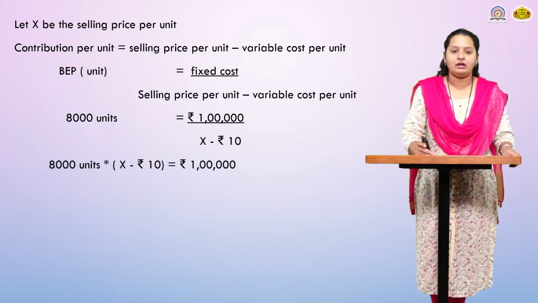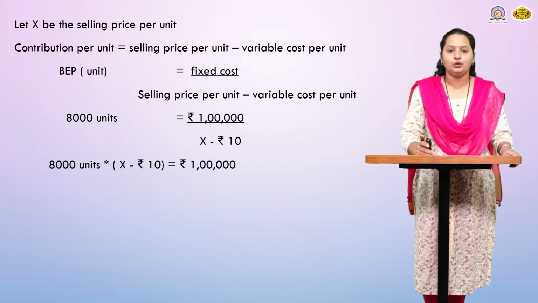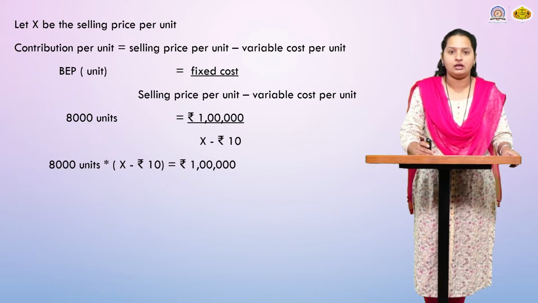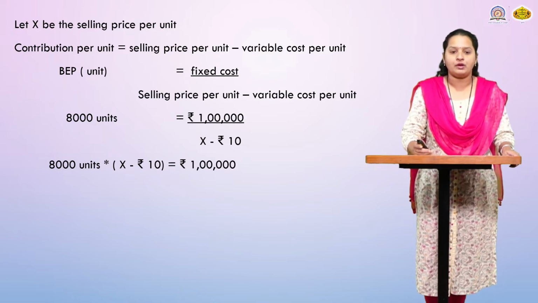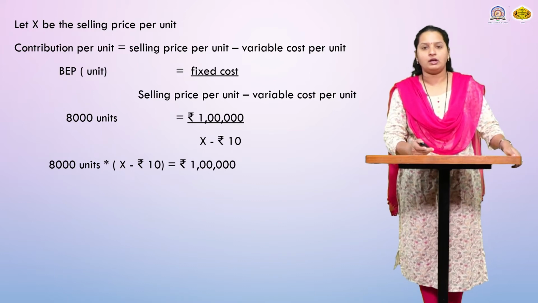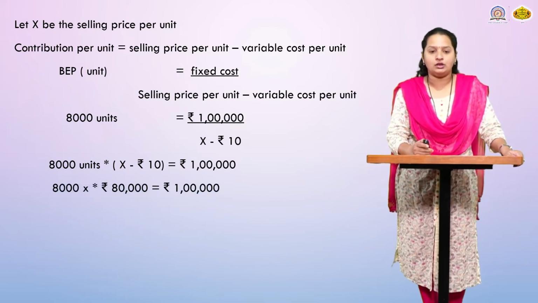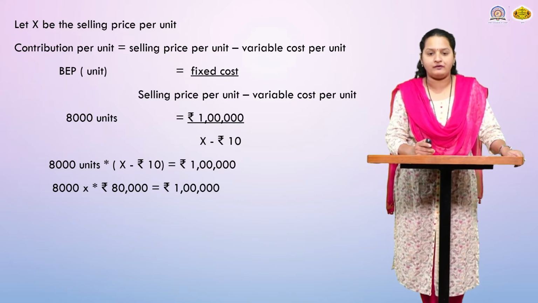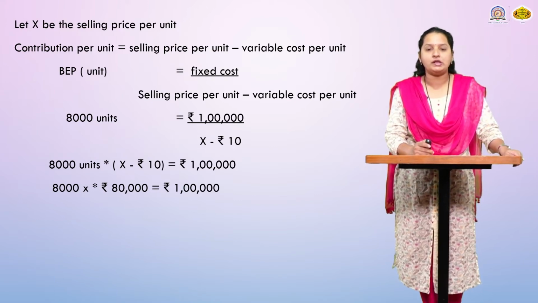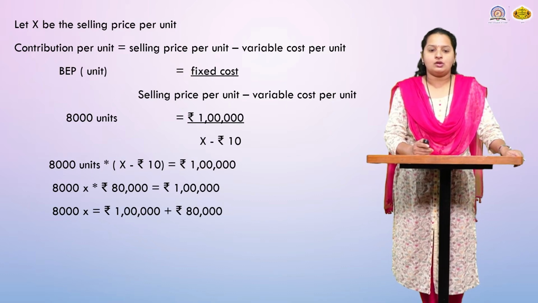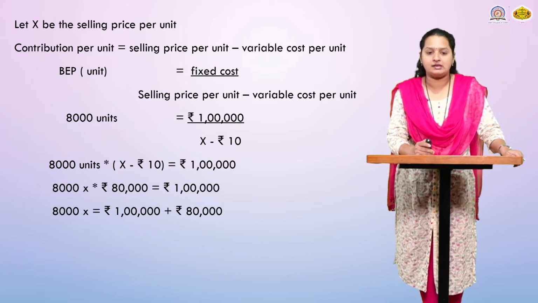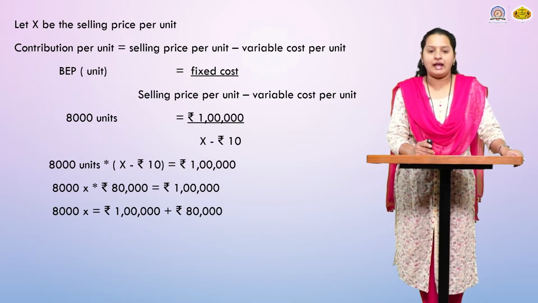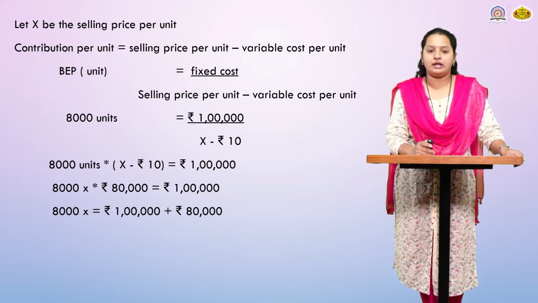So multiplying 8,000 units into X minus rupees 10 is equal to rupees 1 lakh. Now we will solve this. 8,000 X minus rupees 80,000, after solving the bracket first, is equal to rupees 1 lakh. So 8,000 X is equal to rupees 1 lakh plus rupees 80,000.